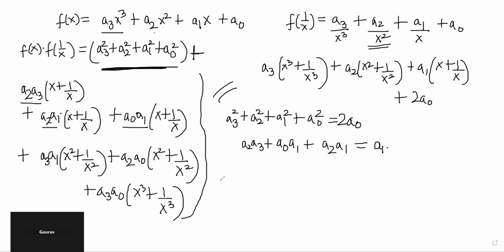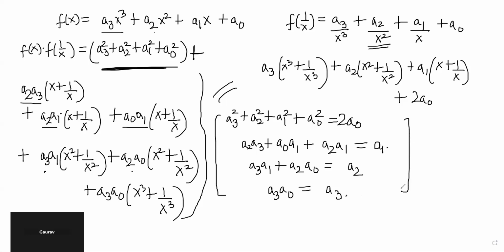Correct. Similarly, x square plus 1 by x square, these two terms, so a3 a1 plus a2 a0 should add up to a2, and finally a3 a0 should add up to a3, right? So now the equations are a little easier here, right?